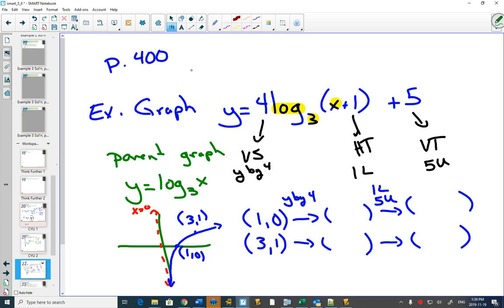So what happens to (1, 0)? It stays (1, 0). What happens to (3, 1)? Multiply y by 4, becomes (3, 4). 1 to the left, this will be 0, this will be 2. 5 up, this will be 5, this will be 9.